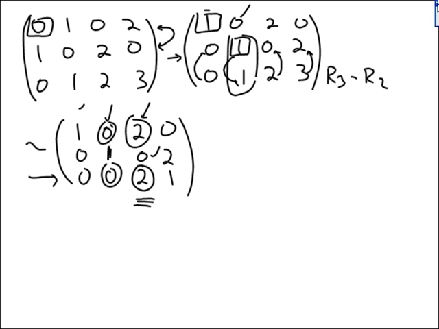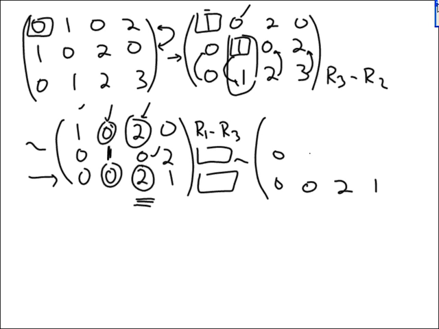Subtract, no more 2's. We'll do row 1 minus row 3. So row 3, I'm not doing anything to. Row 2, I didn't do anything to. So it's 0, 1, 0, 2.